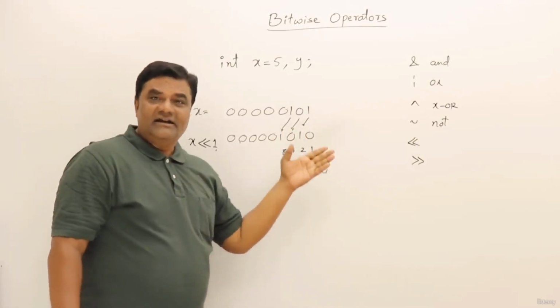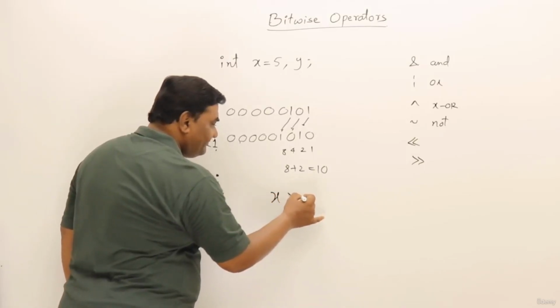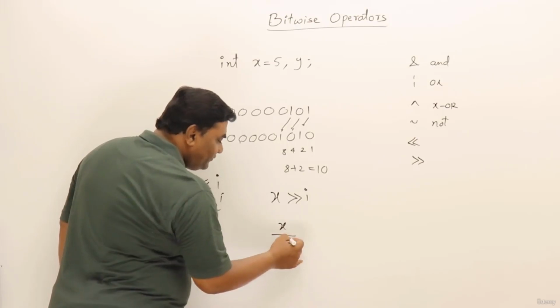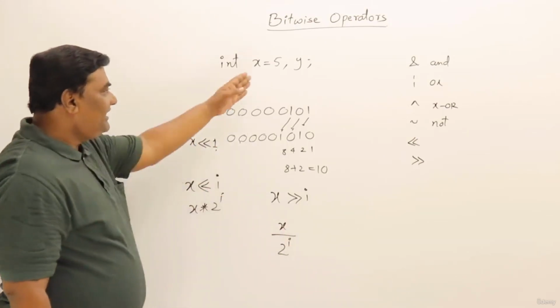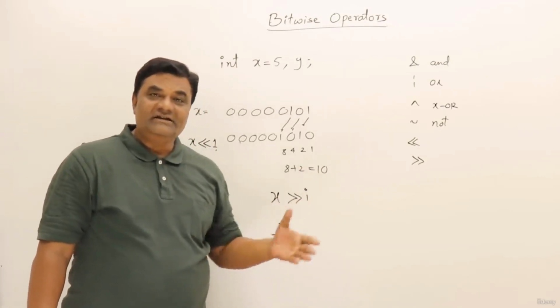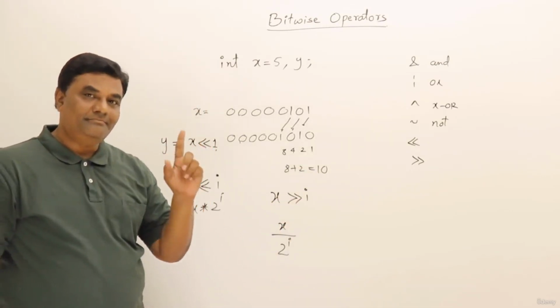Now similarly, if right shift is used, and I say x right shift by I, then x will get divided by 2 power I. So 5 will get halved, that is a 2 with integer division. If it is a 10, it will become 5. So the number will become half if you right shift by one place.